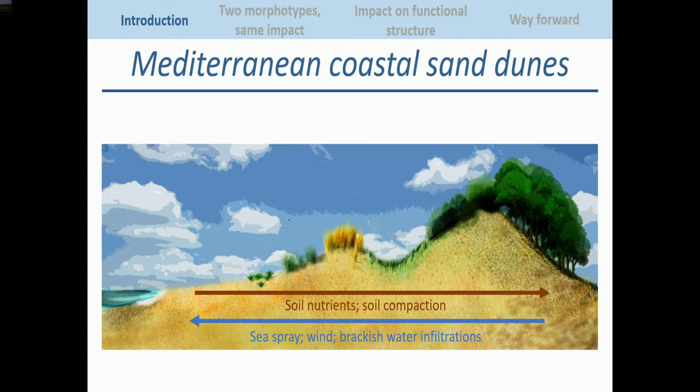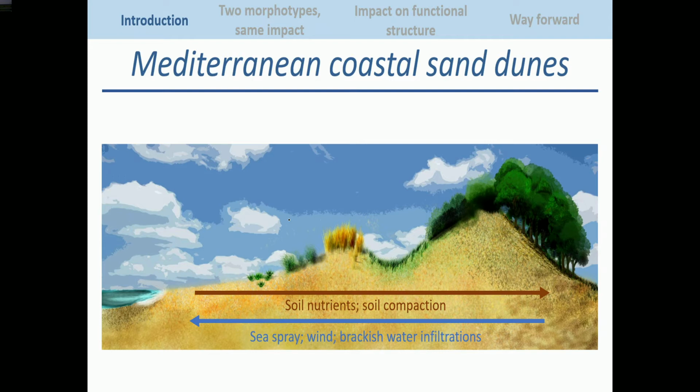And then you have communities of the mobile dune, which is this first dune belt, which is called mobile because it's dynamic. So you have different effects from the sea, such as the wind that shapes these dunes, and because of the soil properties, these dunes are able to grow and to disappear with time.